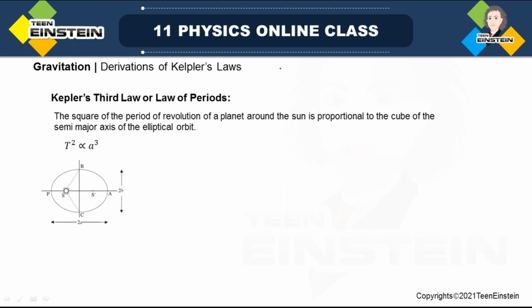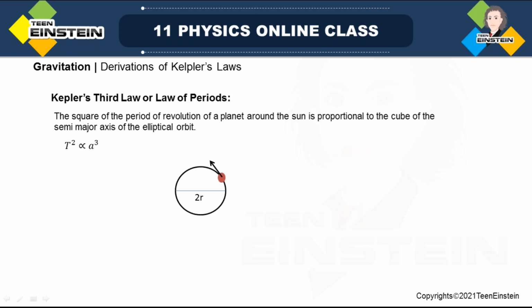So to prove this, we will first take up the revolution of a particular planet, suppose P, and it has mass small m, and it is revolving around the sun. Suppose the sun is at the center, and we are taking a circular orbit first, then we will extend the law to the elliptic orbit.